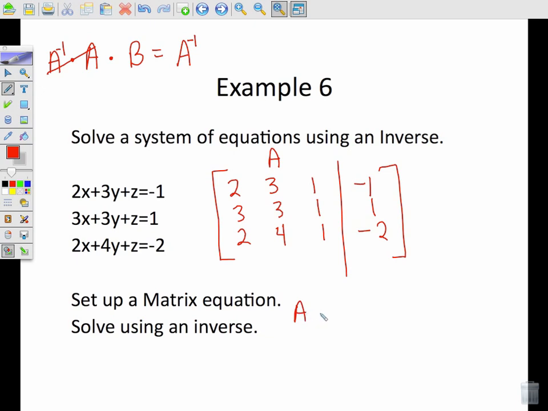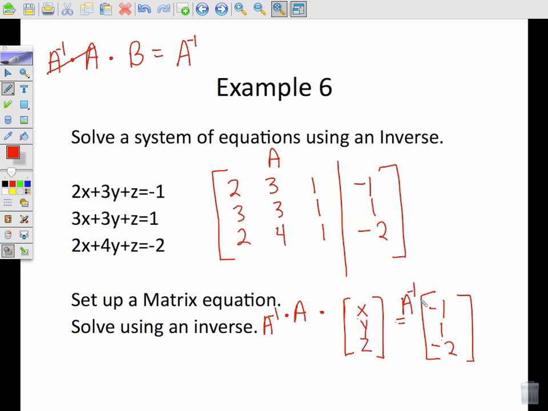Okay? Well, let's say this is matrix A, and if we multiply matrix A by some matrix B, and matrix B is going to be the variables that we're trying to find, x, y, z, then it should equal -1, 1, and -2.